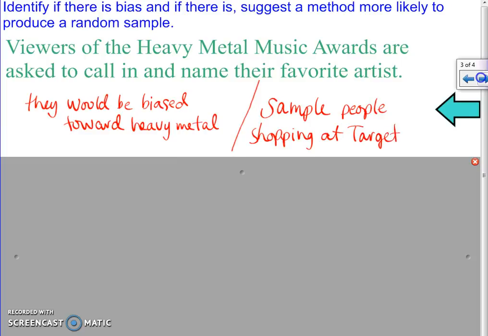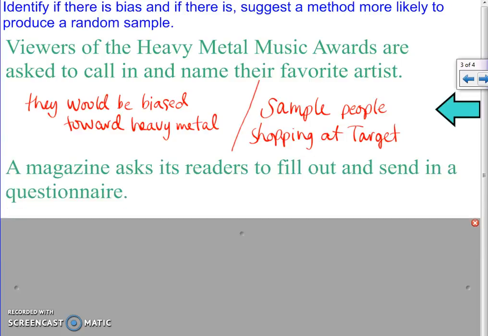You could stand by the music section and just ask people there. That wouldn't be the absolute best way. The best way would be just to do like a random phone call, look through the phone book and do things like that. But this is at least better than polling from the Heavy Metal Music Awards.